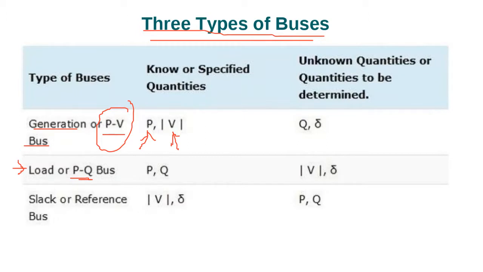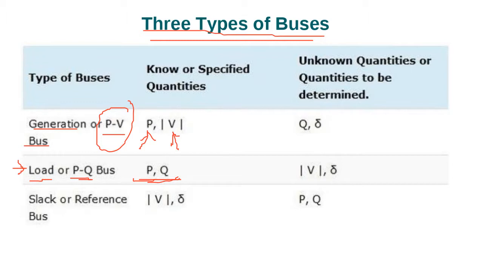And the voltage, of course, because for the generation we need to fix the voltage, maybe 1 per unit, or 0.95 per unit, or 1.05, etc. In the PQ bus, this is where the customer is, the shopping centers, the industry, where they consume real power and reactive power. So we call it load bus, or PQ.